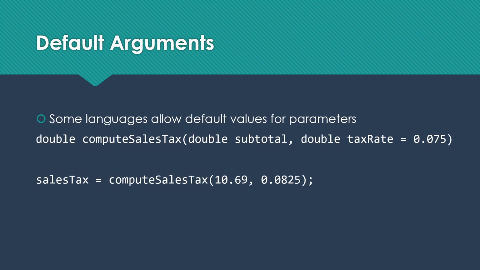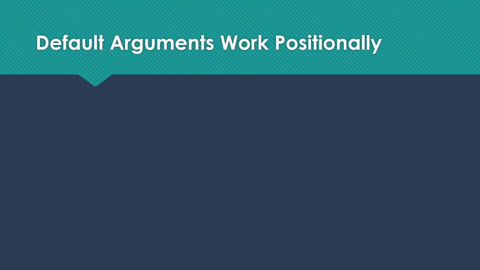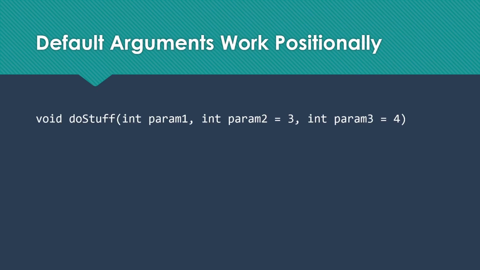So if we call compute sales tax the same way we did before, specifying a tax rate, then we will actually get the specified value. Tax rate will be 0.0825. But if I call compute sales tax and don't provide the tax rate, then we'll get the default value of 0.075.